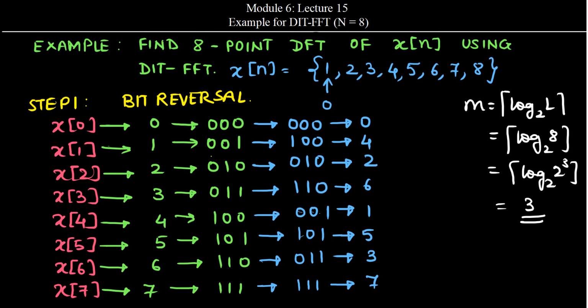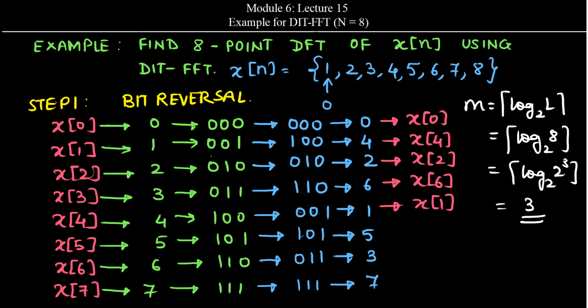Therefore the final sequence that we need to use in order to compute the DFT is x of 0, then x of 4, then x of 2, then x of 6, then x of 1, then x of 5, then x of 3, and finally x of 7.